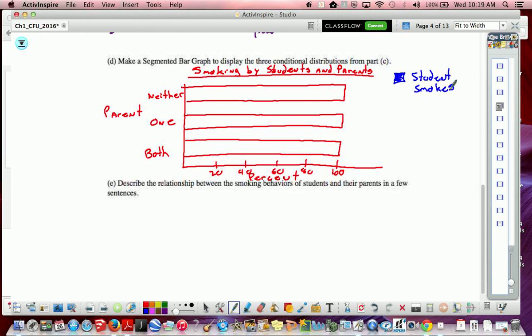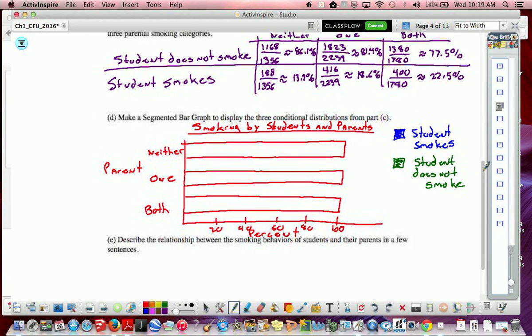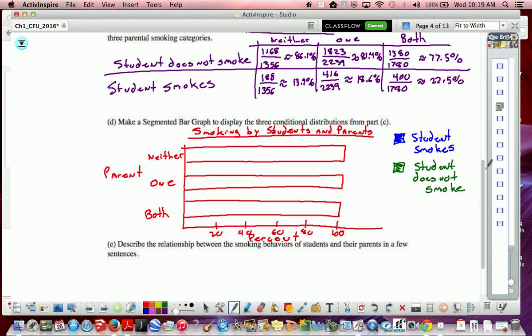Okay, and then maybe I'll do green, and write student does not smoke. Okay. So now I need to go to the percentages for these. So this one's a little bit easier because I only have two percentages.